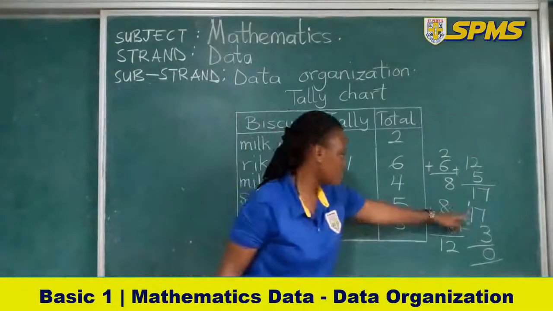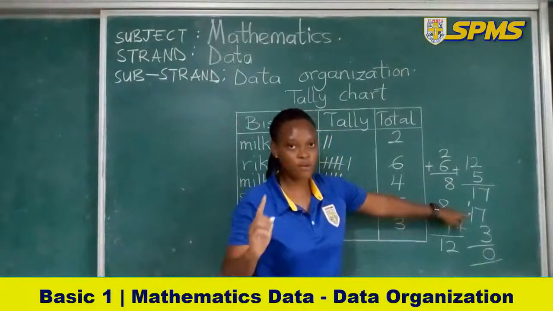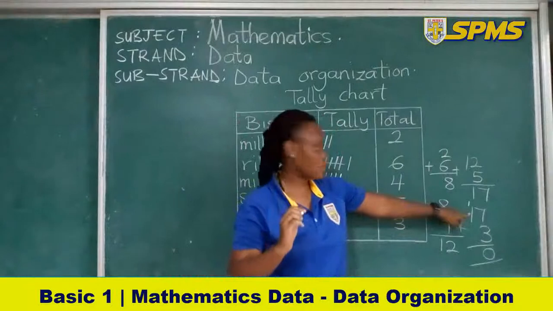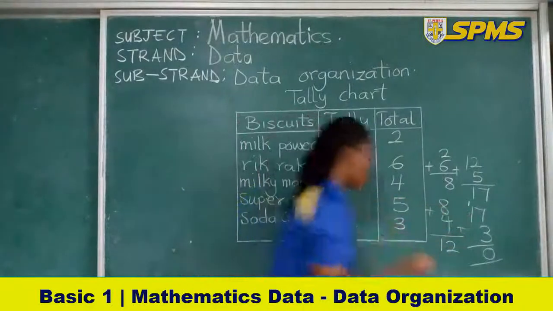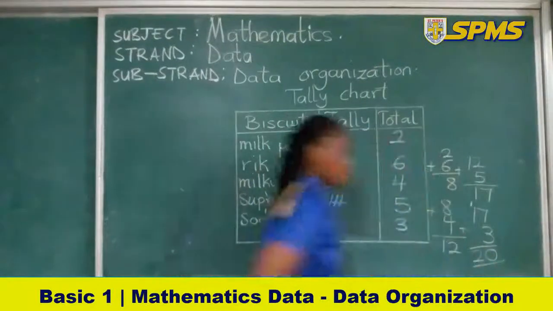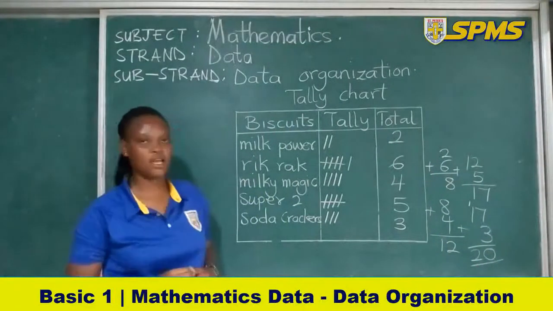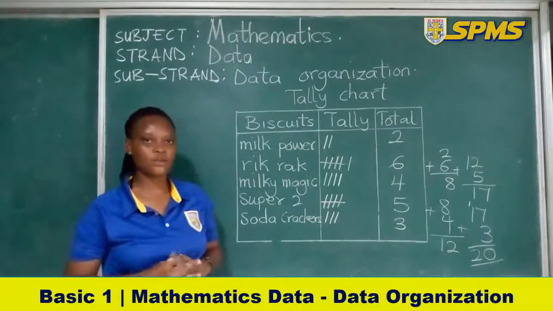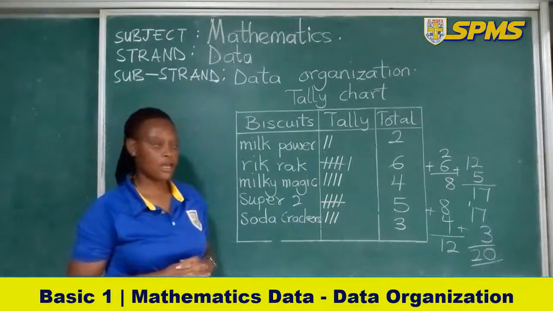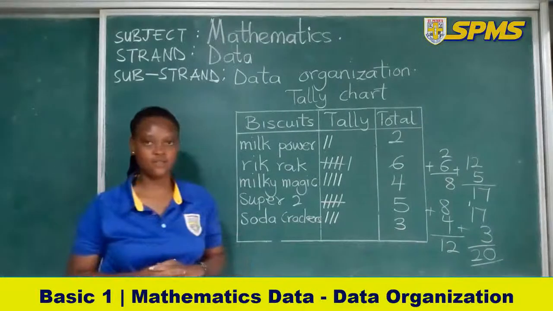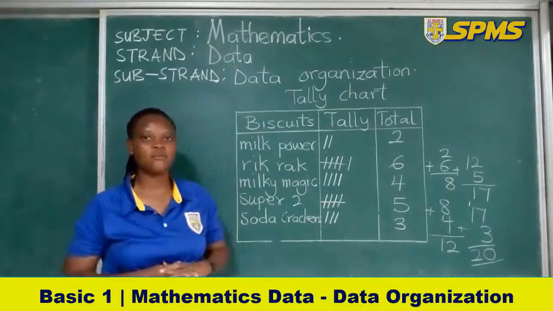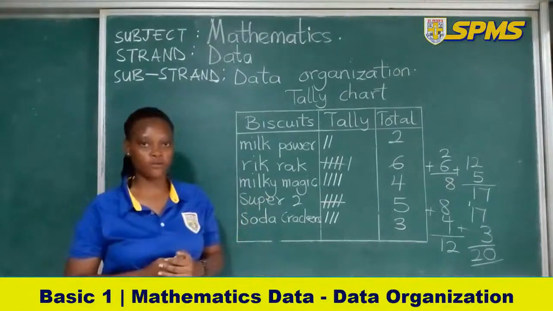Add it to this one to make what? 1 plus 1, what do we have? 2. Very good. So the total number of biscuits collected are 20. So we have 20 biscuits in all.